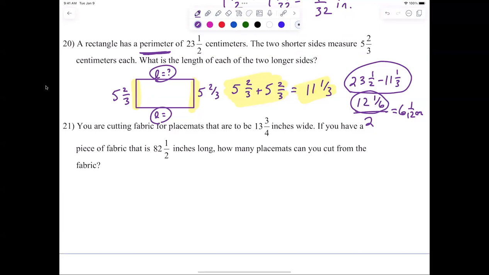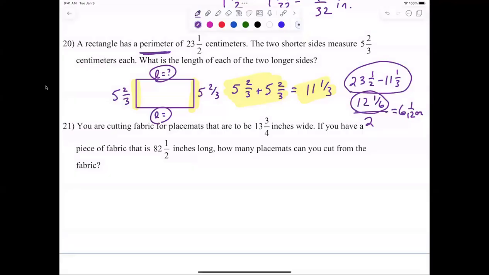12 1/6. Is everybody comfortable with that? But the 12 1/6 is for how many lengths? 2, right? Does everybody agree with that? And are those two lengths exactly the same? Yes, the lengths are the same. It's okay. Then you divide by 2 to find 1. Now, some of you had a question on that.